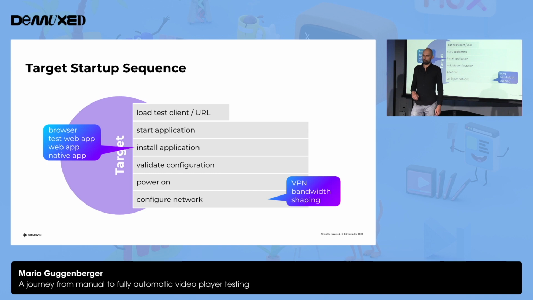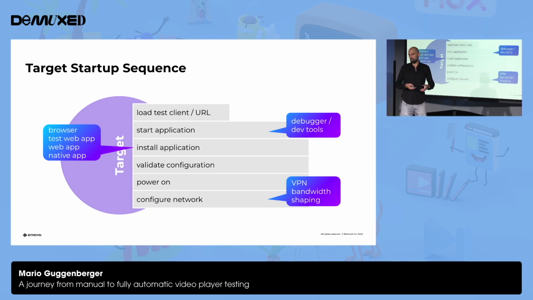Typically, that's a web browser, if not pre-installed, like Safari on iOS. But it can actually be any web app or native app. And that means we not only execute tests on our devices, we can basically deploy anything. And then it is started. And here we can request a debugger, which is then exposed back to whoever uses this target.